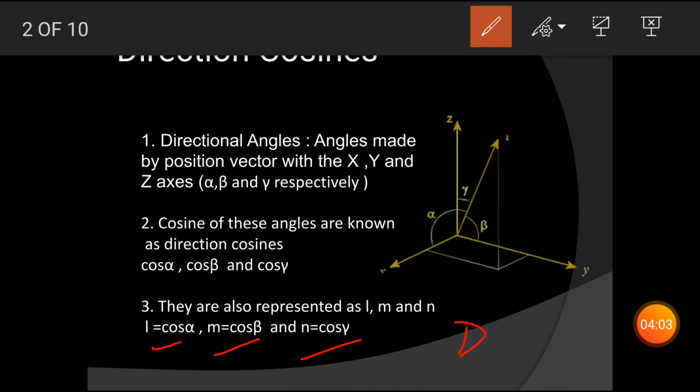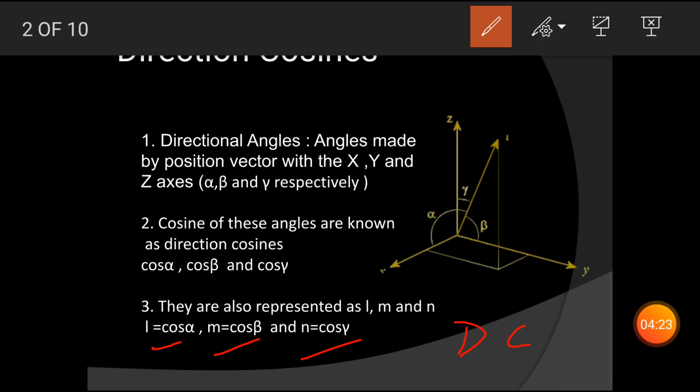In short, we write DC. So, direction cosines means the cos value of the directional angles. And what are the directional angles? That is nothing but the angles made by the position vector with the x-axis, y-axis and z-axis. So, this is the concept of DC.